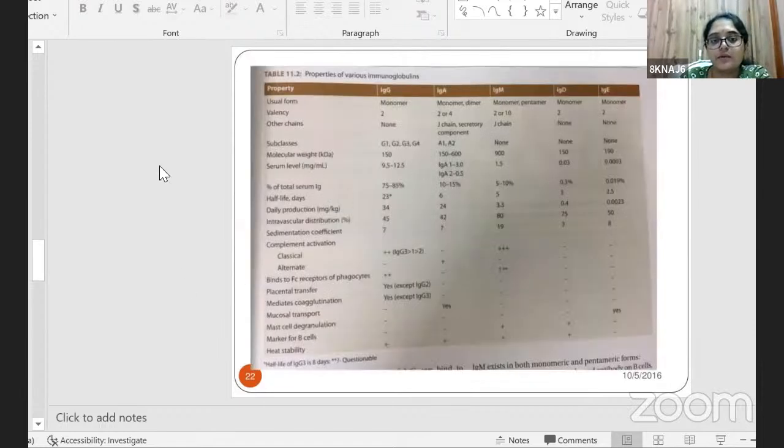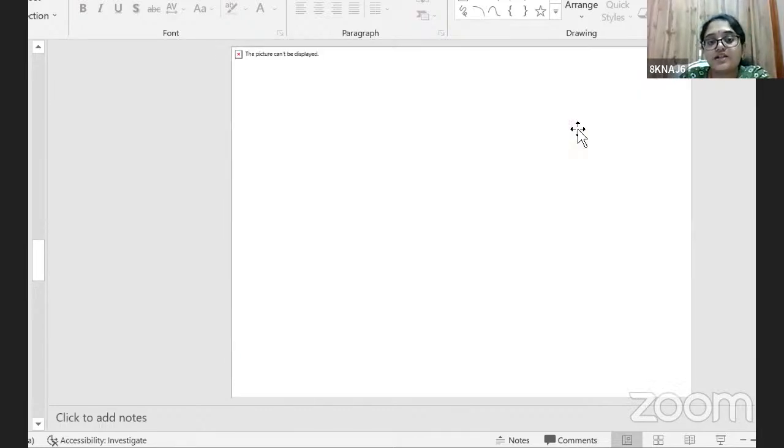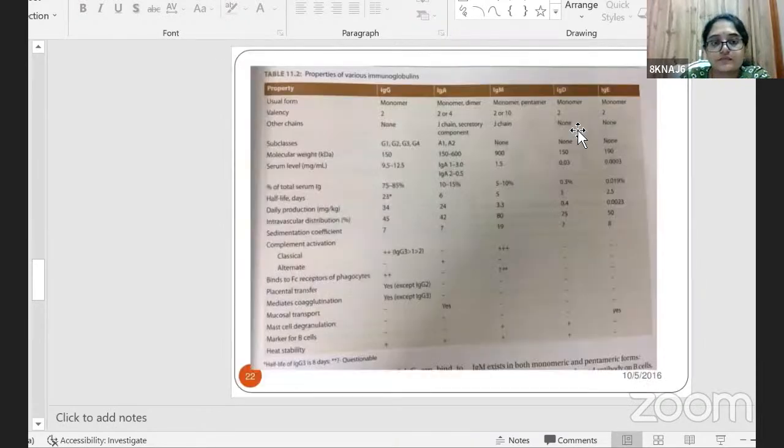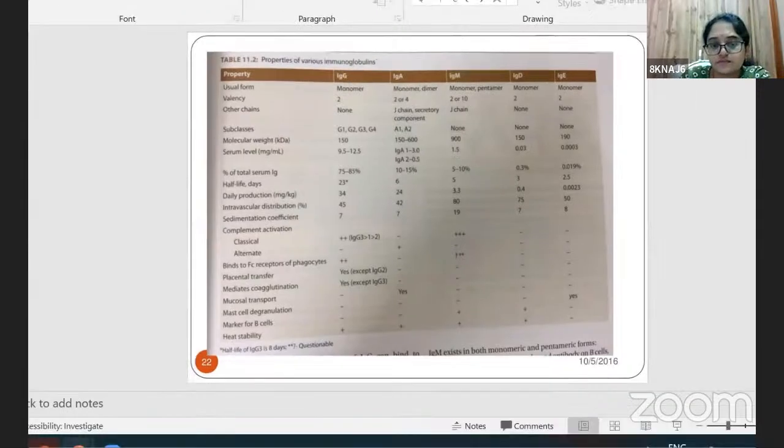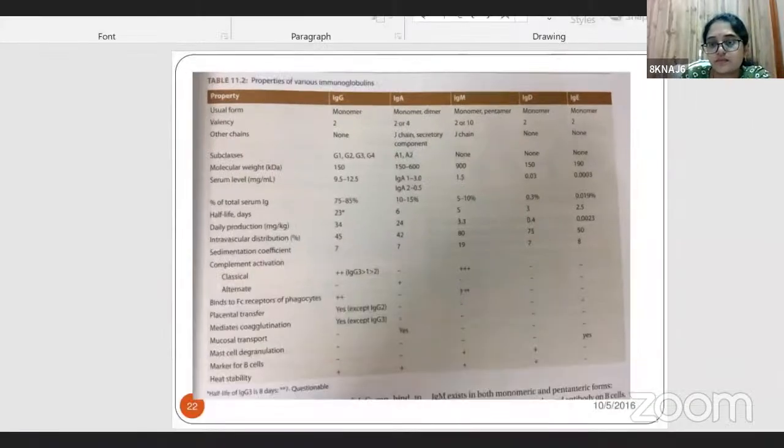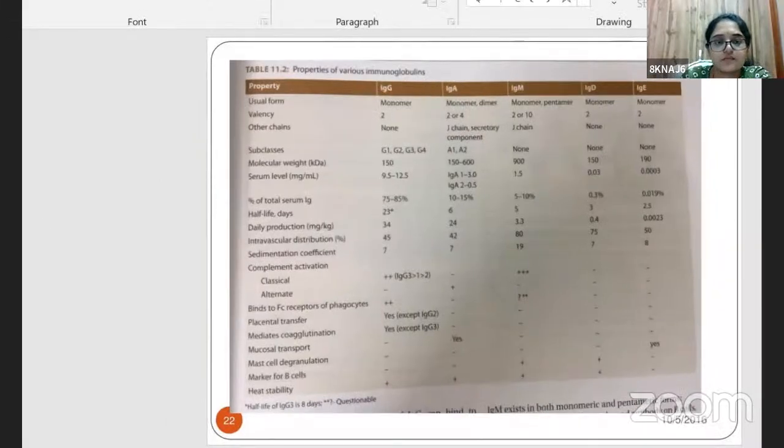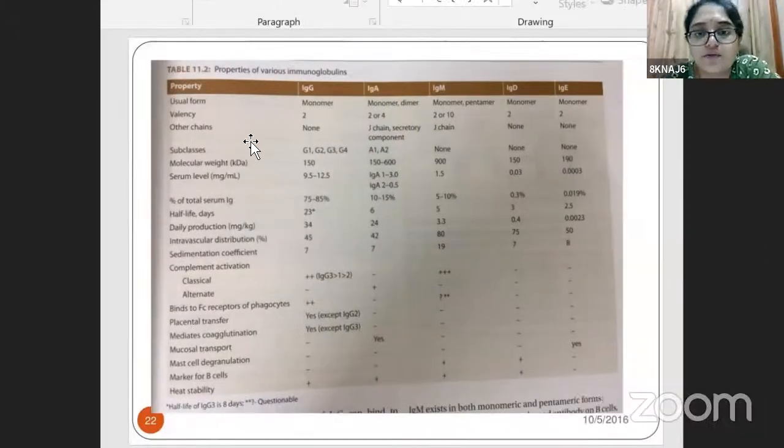So they have just given a complete comparison of IgG, A, M, D, and IgE. Right. So IgG exists as a monomer. IgA can exist as either a monomer or a dimer. IgM exists as a monomer or a pentamer.